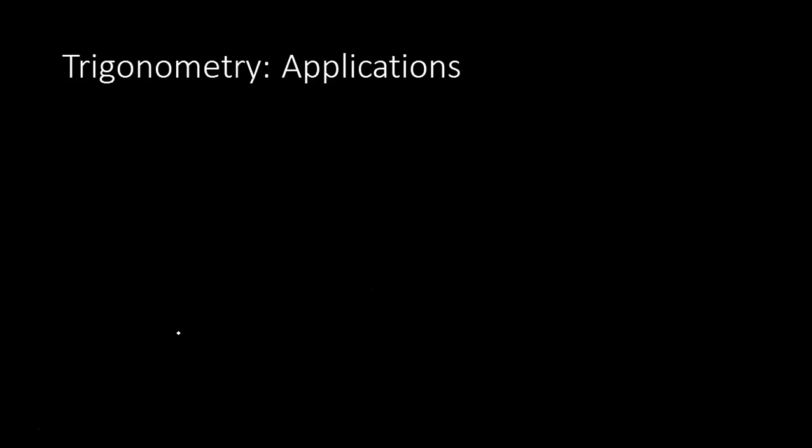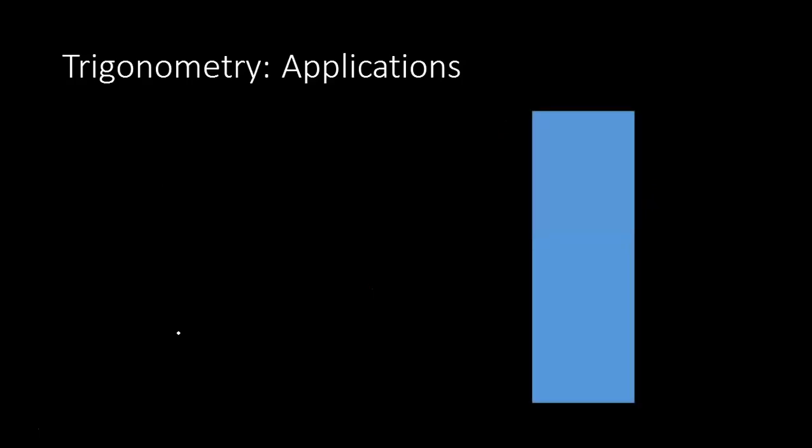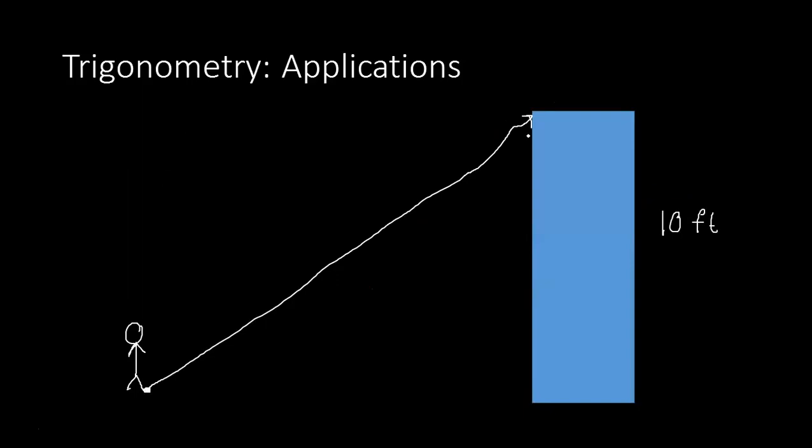Now, I want you to imagine this one. Suppose there is a 10-feet building approximately, and you are here. Now you're curious how far, or rather, what would be the distance between your feet and the rooftop of the building itself?